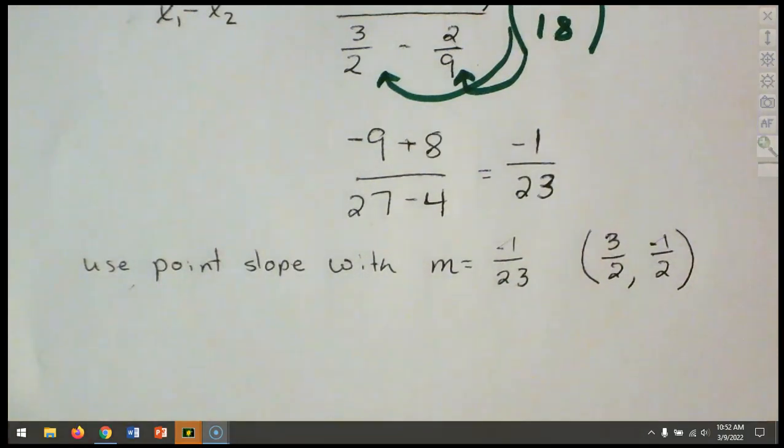You want to make sure you take your time. And again, there's only one of these. Question 12 is the only one you're going to have to work these out with the fractions.